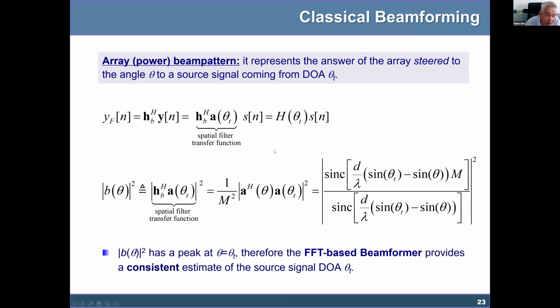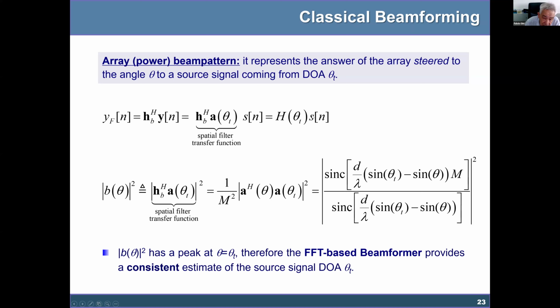Now, if in your data you have a target, a signal coming from direction theta t, the signal is A theta t that multiplies S of n, so it's the signal generated by the source or the signal reflected back by the target.